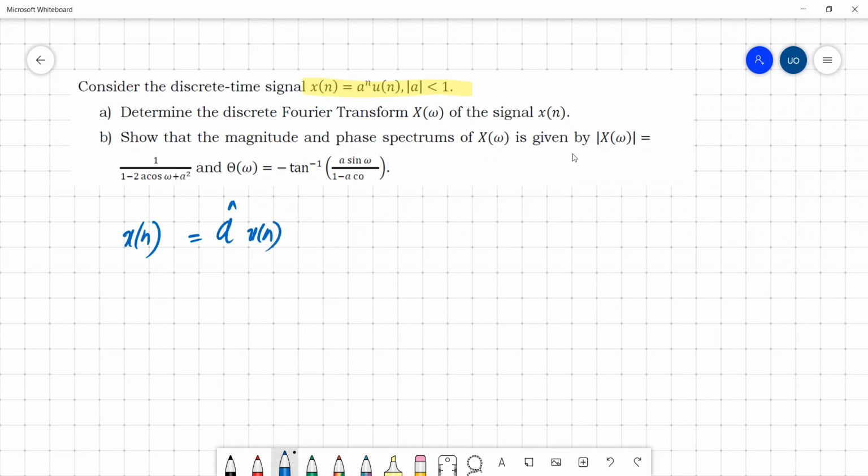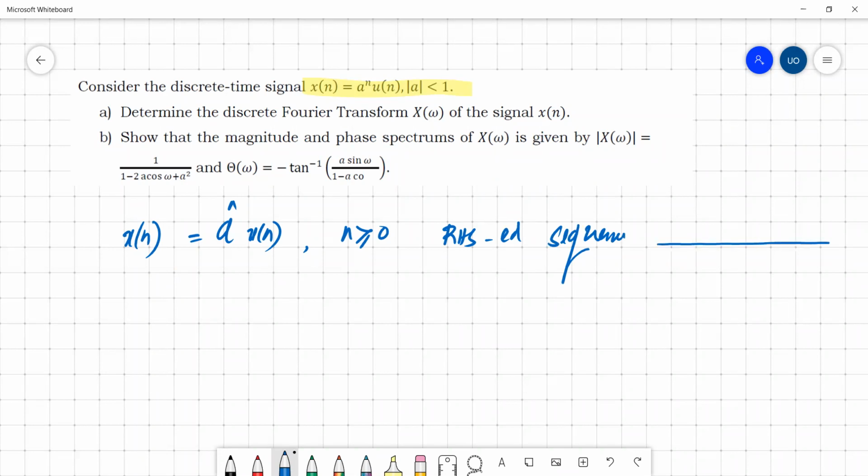By looking at this function, you can simply say that this is valid for n greater than or equal to 0, because you have this u[n], the unit step function, which is defined from 0 onwards. So this x[n] is actually a right-sided sequence.